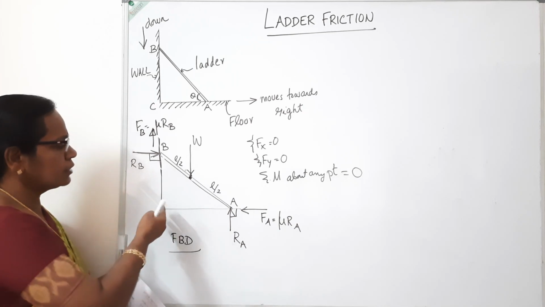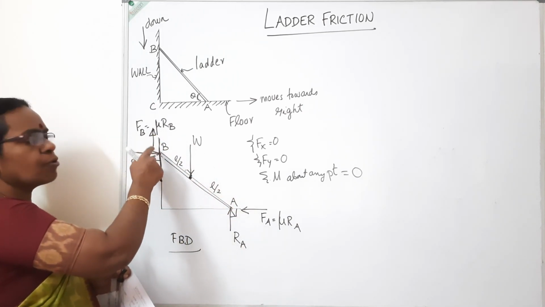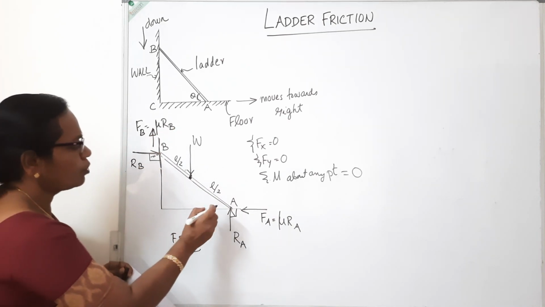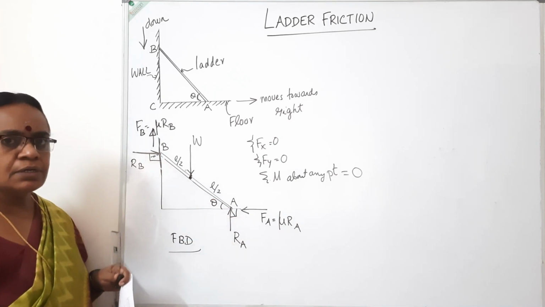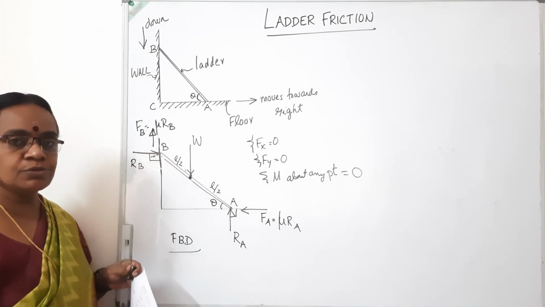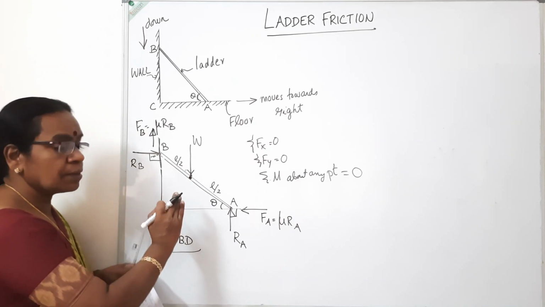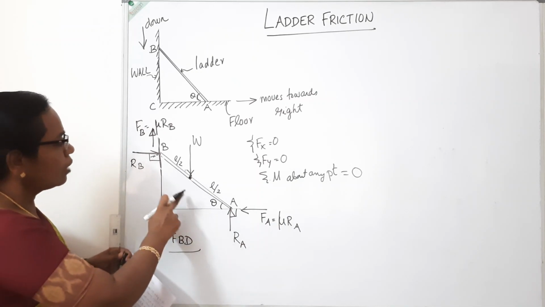Moment about any point: either you can take moment about A and equate it to 0, or take moment of all the forces about B and equate it to 0. Suppose I want to find theta. In this case, suppose we are asked to find the inclination of the ladder so that it remains stable, at the verge of slipping, or for limiting equilibrium. How will you find out?